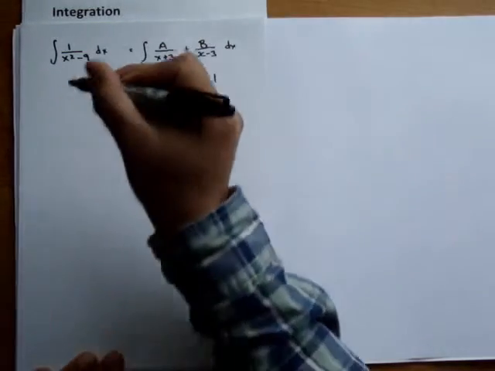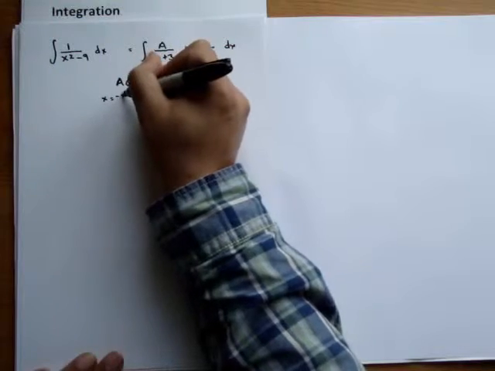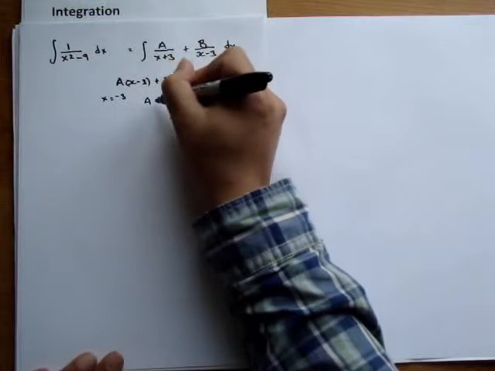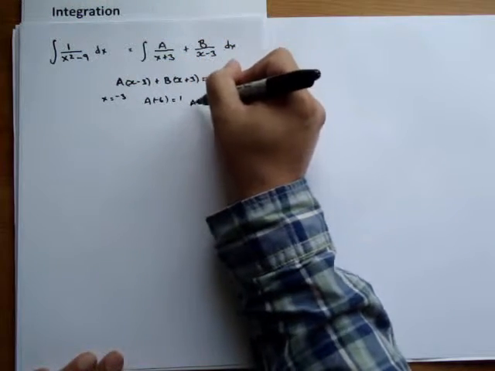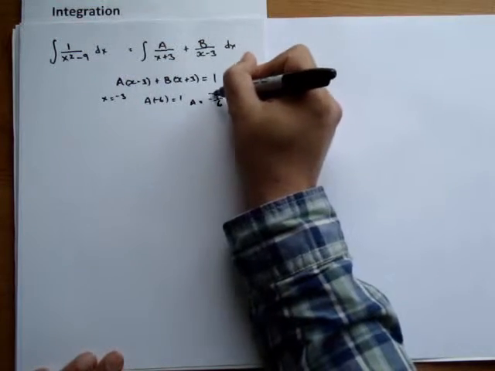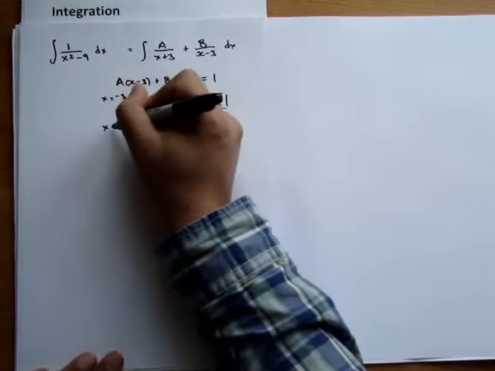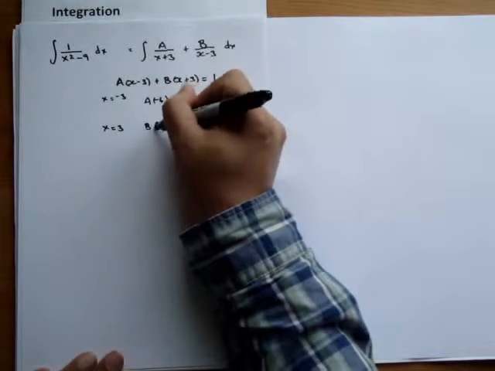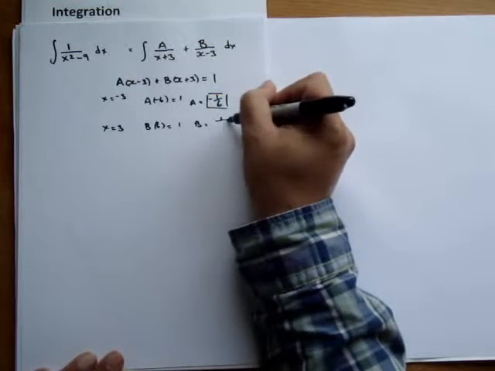So then what we do is we let, in the first case, x equal minus 3. So A times minus 6 equals 1, so A equals minus 1 over 6, and then let x equal 3, so we get B times 6 equals 1, so B equals 1 over 6.